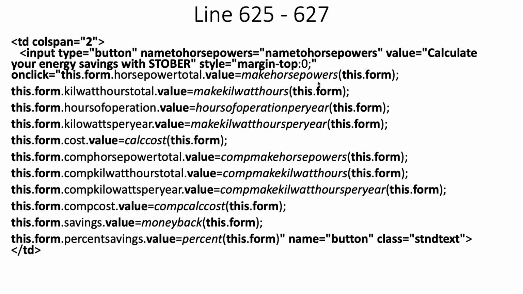We're going to pass this form to it so it can get to all the variables, and then we're going to have these values when it comes back that we're going to load and fill in the values to put back on the screen.